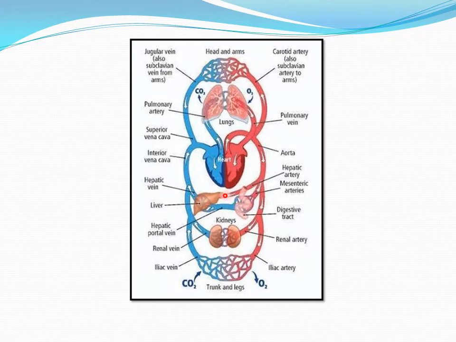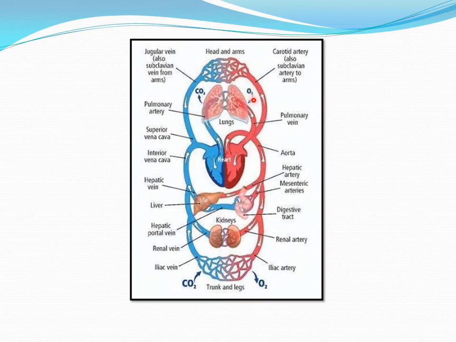Some blood is diverted to the liver, some to the mesenteric arteries and the digestive tract, some to the kidneys through the renal artery, and through the iliac artery to the trunk and the legs. Here it is giving blood to all the body parts except the lungs. It is not giving any blood to the lungs.